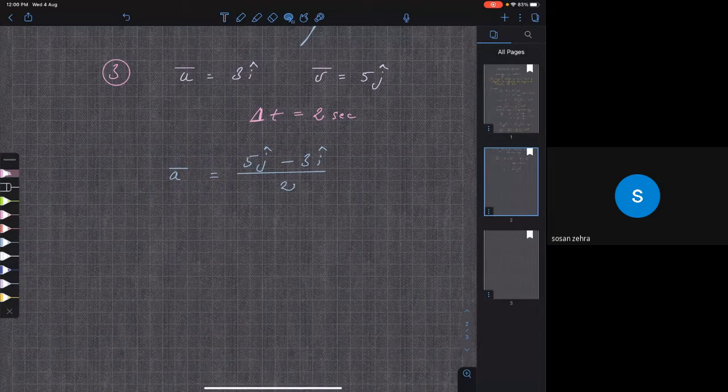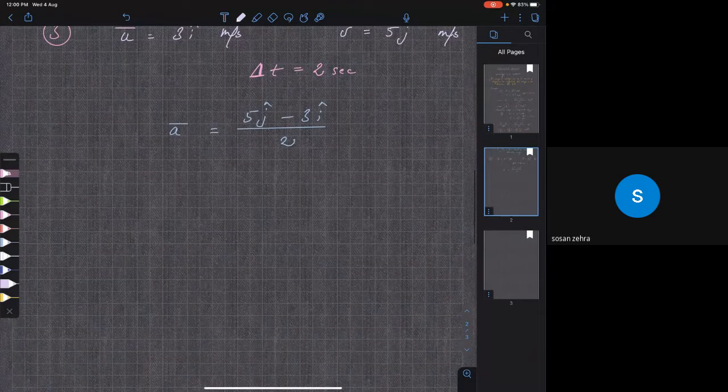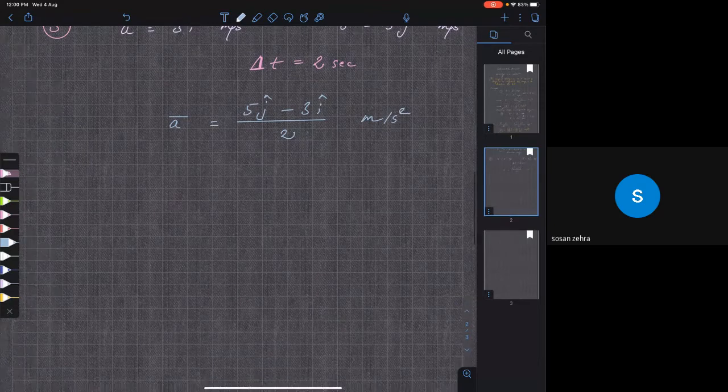Let the units be meters per second, so this will be in meters per second square. So tell me, what is acceleration?